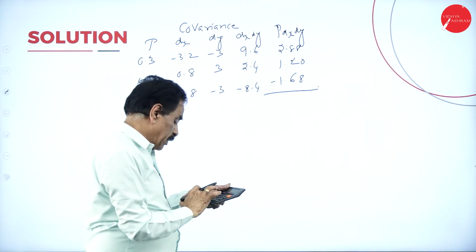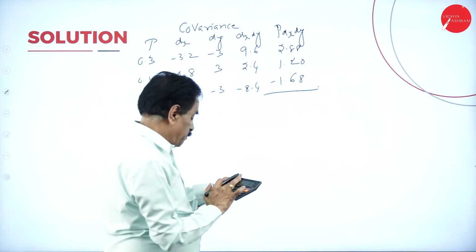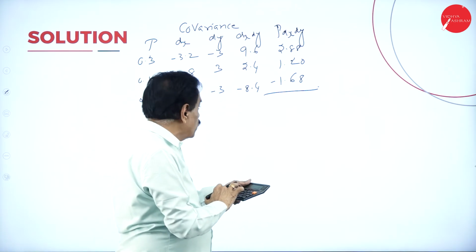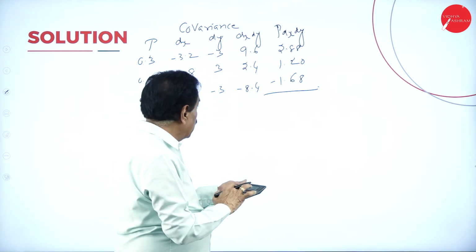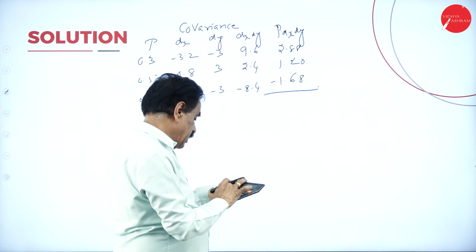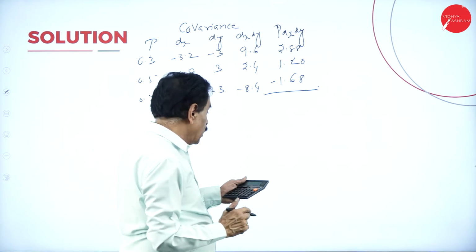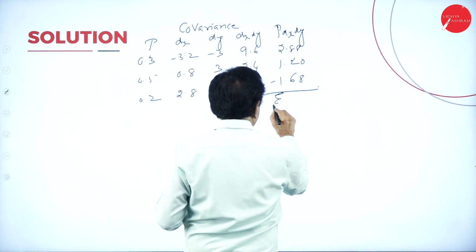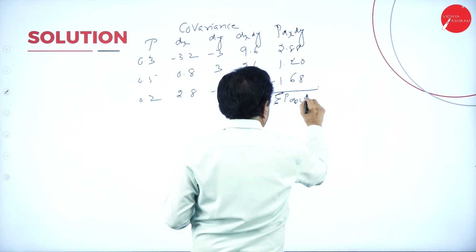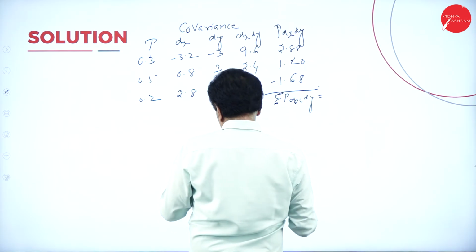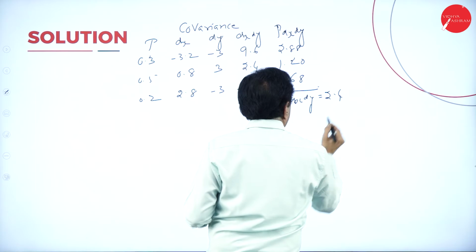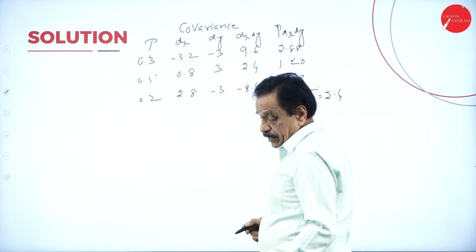So 2.88 plus 1.20 minus 1.68 is equal to 2.4. This is your covariance.